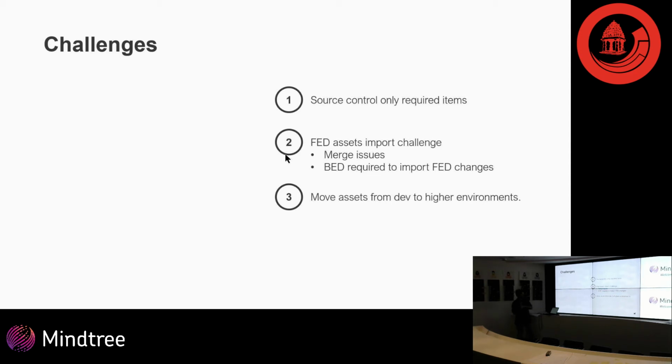That was one of the challenges we faced, and backend import and all those things were also difficult. So what we did is source control only the required items. We source control only the SASS files, because those are small chunks of code and can be easily merged together.